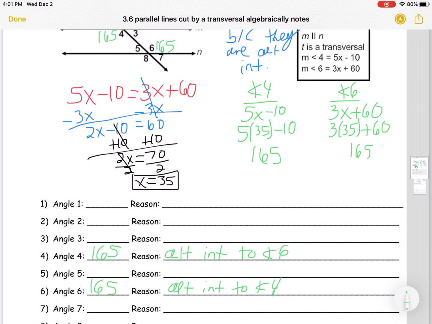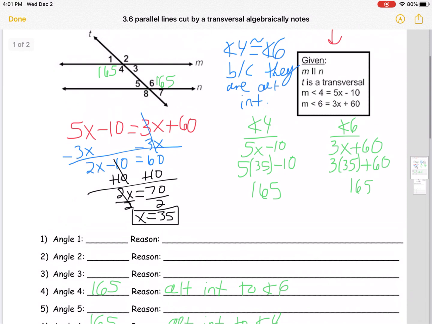Okay, so now we can go ahead and solve for the rest of them. Since we know the measure of 2 of the angles, I can solve for the measure of all of them. So the first one they're asking us for is angle 1. Angle 1 is going to be whatever 180 minus 165 is because they're supplementary to each other.